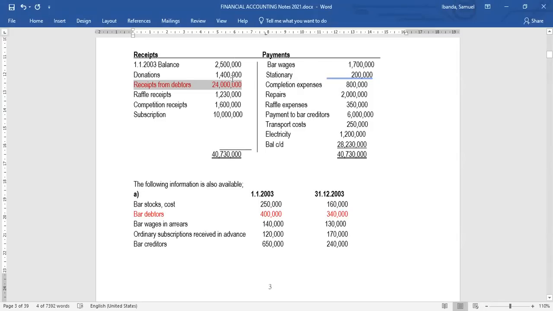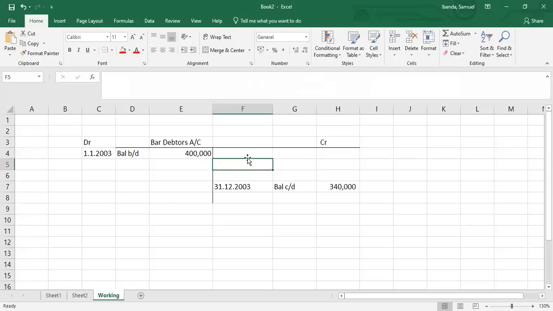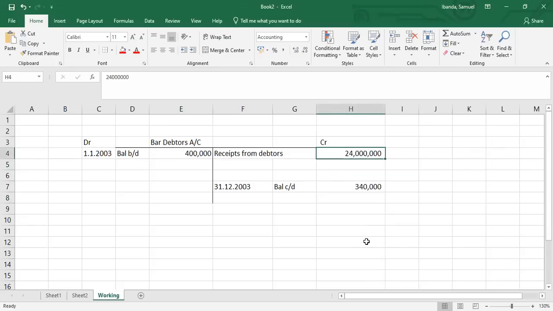So what I'll come here and do, I'll come and credit these receipts and payments, which is worth 24 million. So this is worth 24 million.